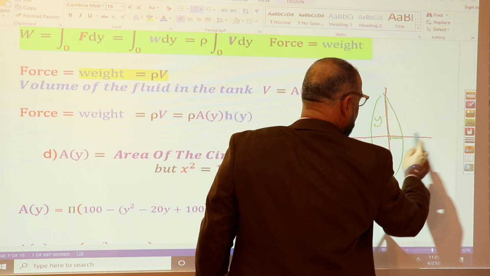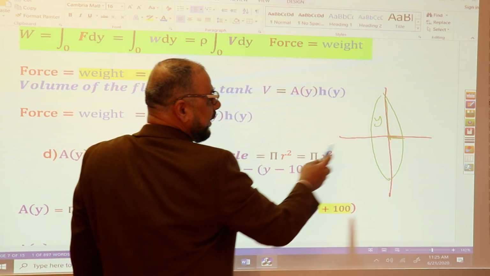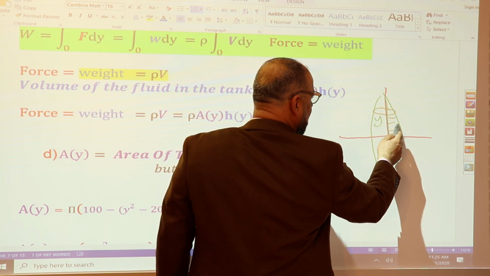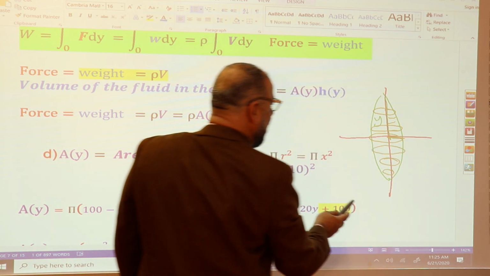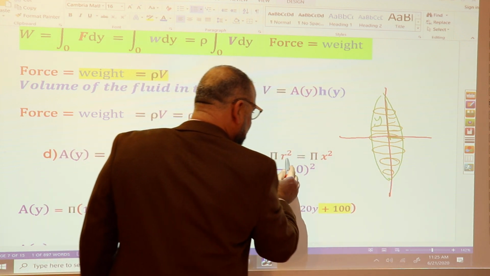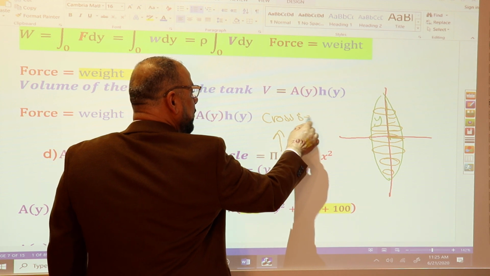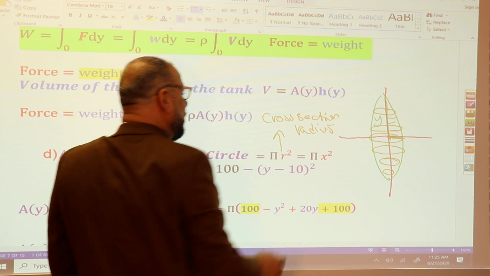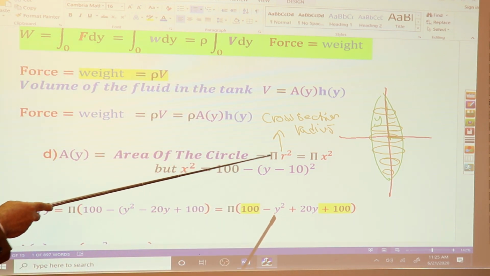X here, right? The radius of the circle is what? X, but x changes. Small circles, big and small. Then this is the cross section radius, not the actual sphere radius, area is pi x squared.